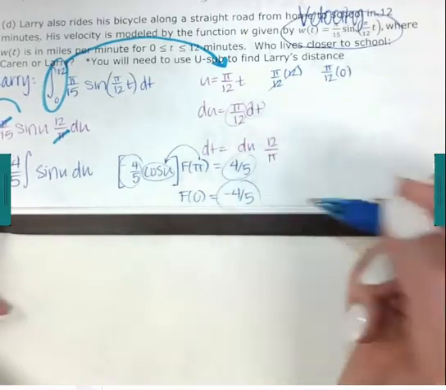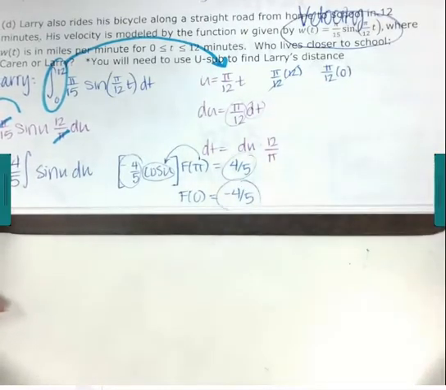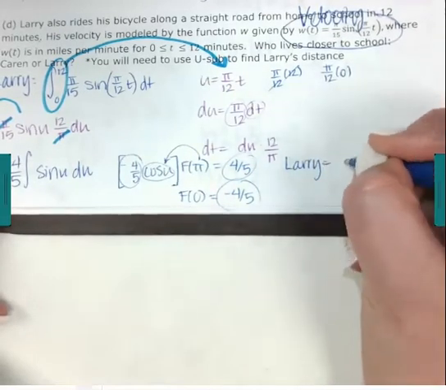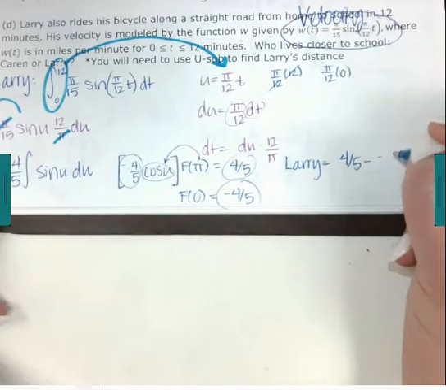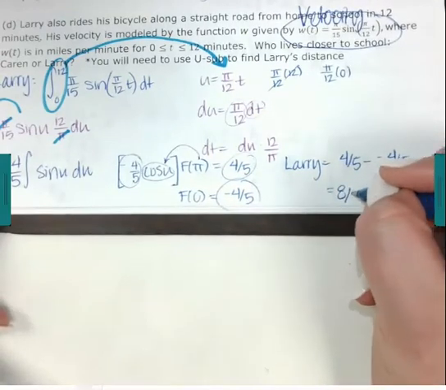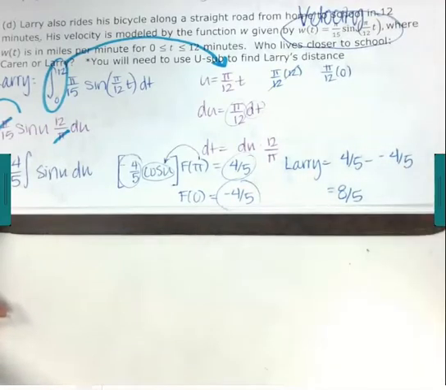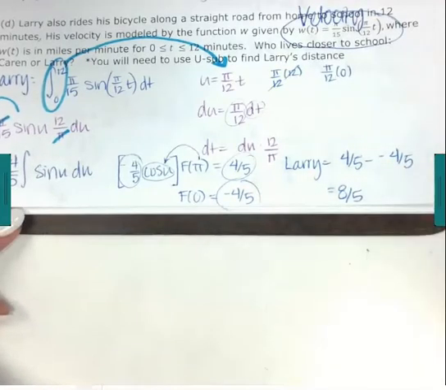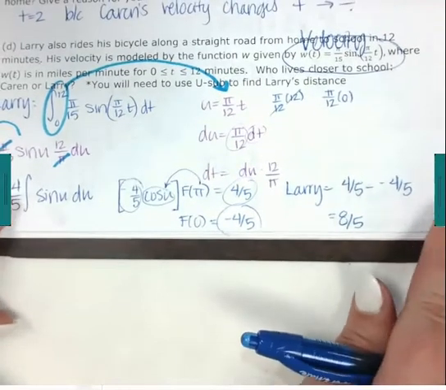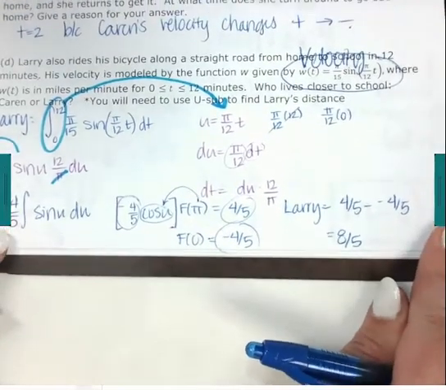Top minus bottom. Am I going to get 0? No. He's 4/5 minus negative 4/5, which means that he went 8/5.